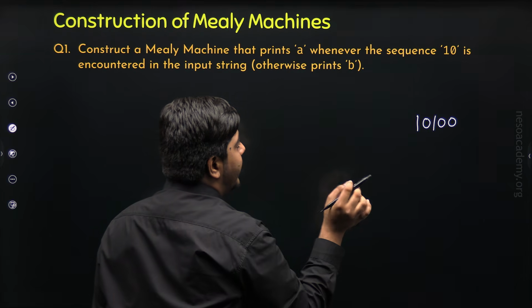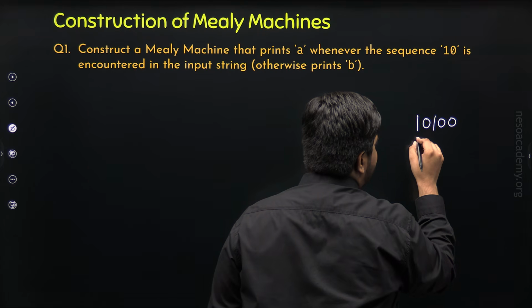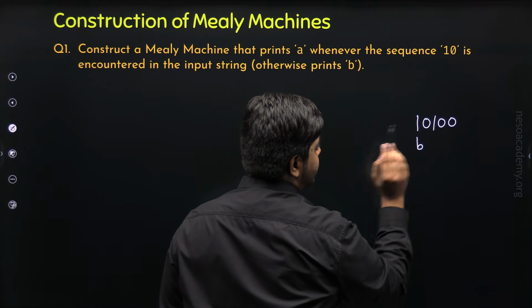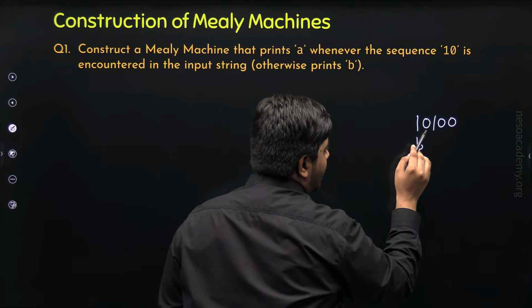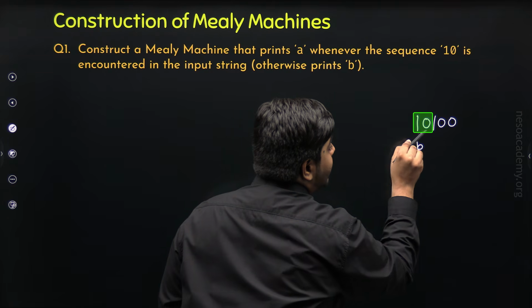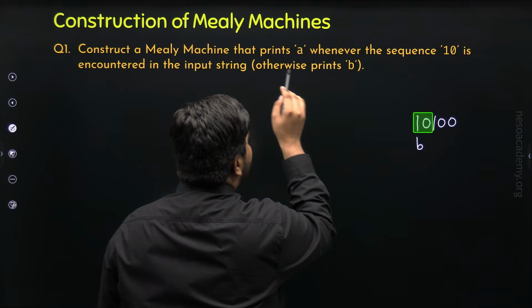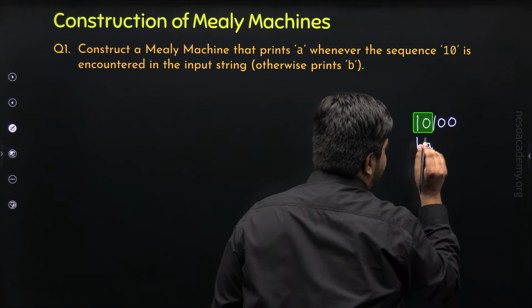In that particular case, the output will be B. So the first output symbol will be B. Now the second input symbol is 0. And after I get the second input symbol 0, I am getting the sequence 1, 0. And on getting the sequence 1, 0, the output will be A. So the second output symbol will be A.